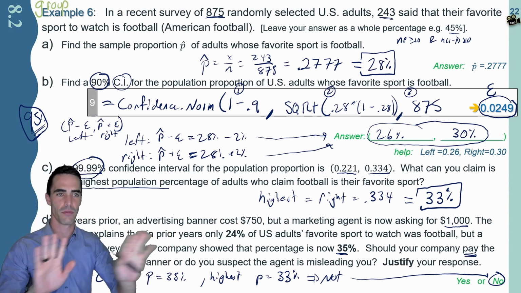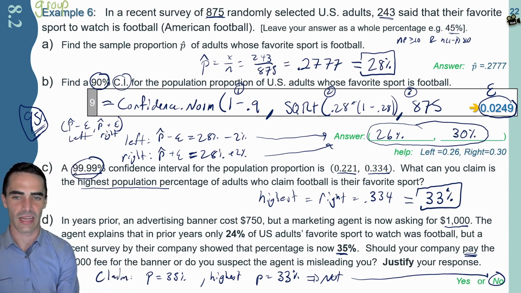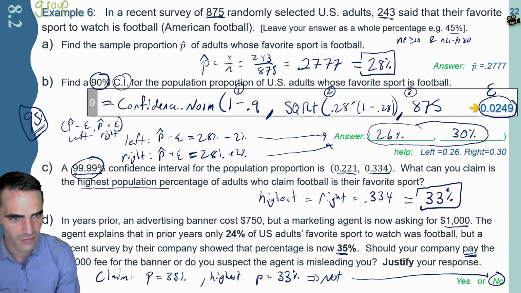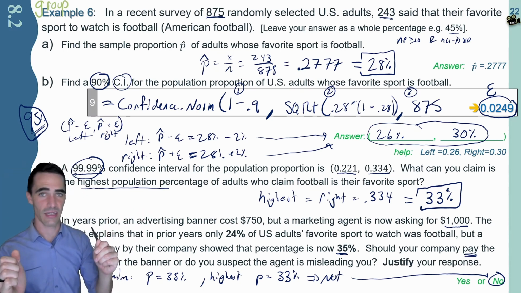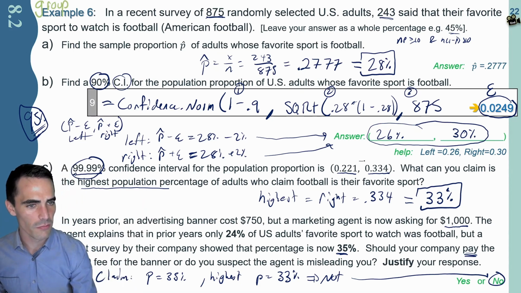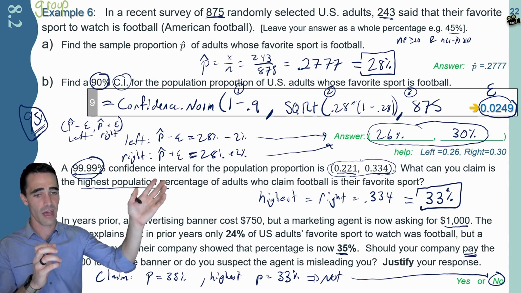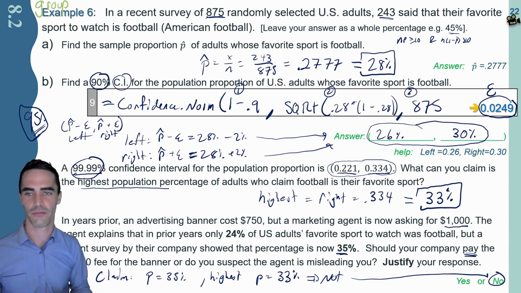And then you can compare apples to apples as opposed to this silly comparison of 90 to 99.99. Because what you notice is as that confidence interval grows, I went from 90 to 99.99. Look how huge that confidence interval is. It almost becomes nonsensical, where my highest is very high, 33, and my lowest is very low. It doesn't give me a proper inference.